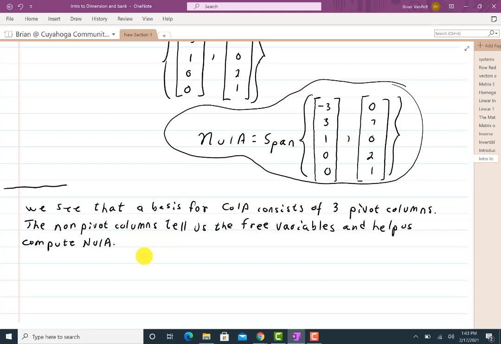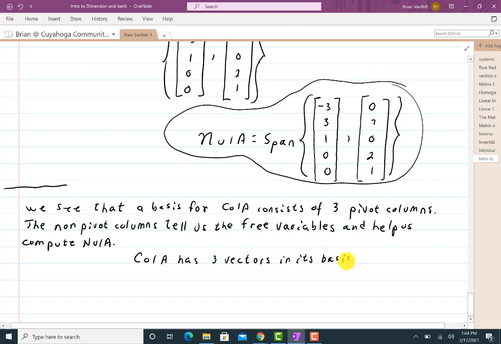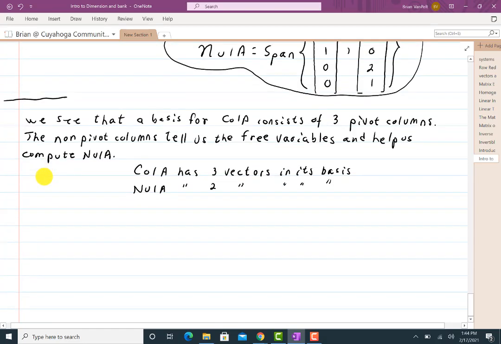So let's take a look. Col A has 3 vectors in its basis. Null A has 2 vectors in its basis. And so notice that 3 plus 2 equals 5.